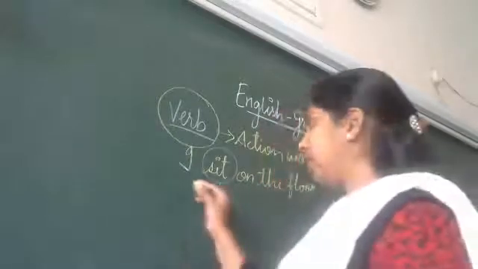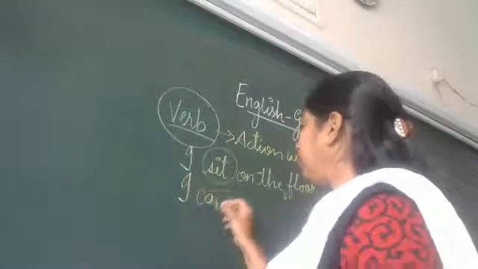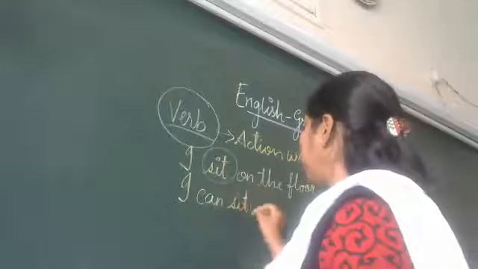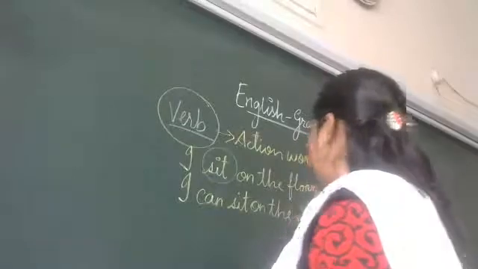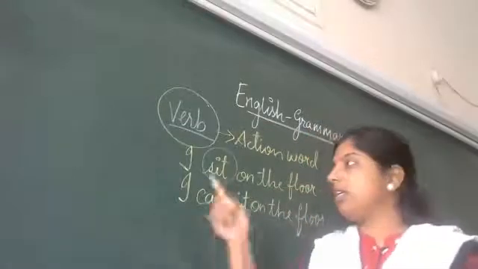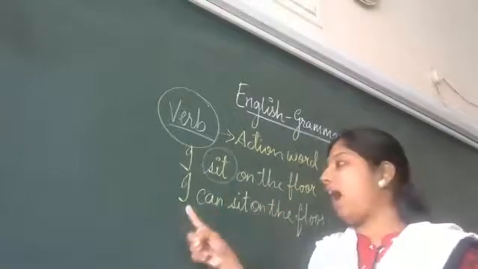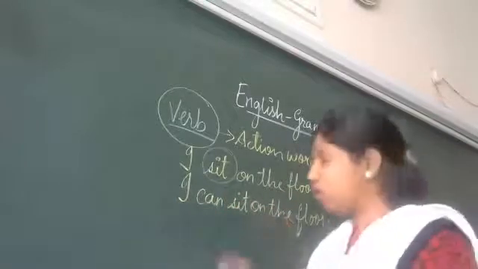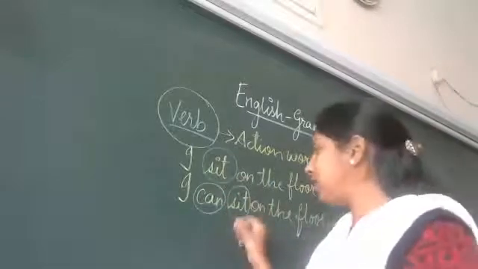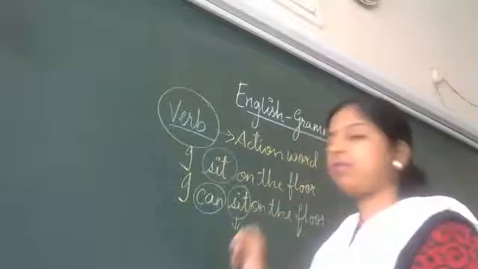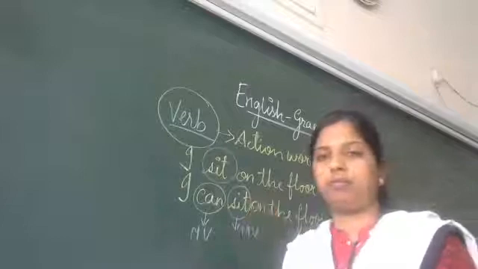If I change the sentence now, saying I can sit on the floor, what is the change in this? See the first sentence, I sit on the floor. The second sentence, I can sit on the floor. So I have added can. Sit is the main verb, and can is the modal verb.